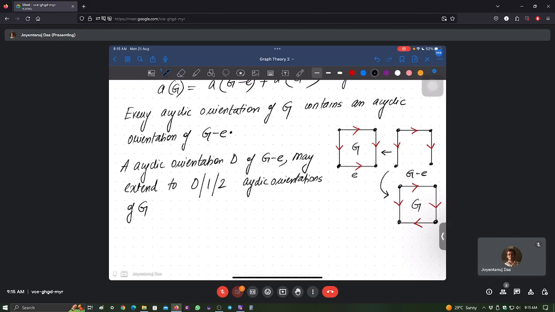So any acyclic orientation of G minus E can extend to 0, 1 or 2. 0 means it can happen that it does not give rise to, it does not become an acyclic orientation for G. That can also happen, right?